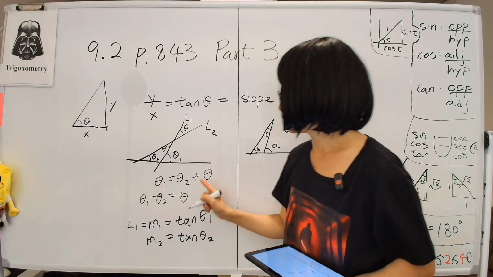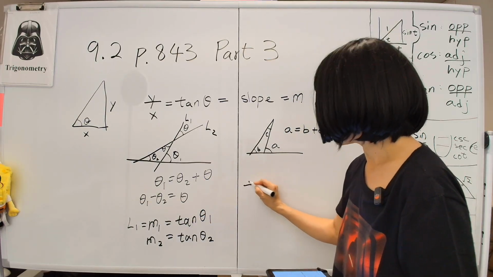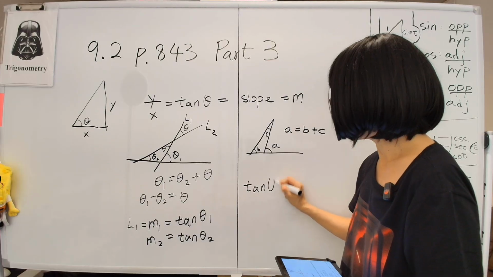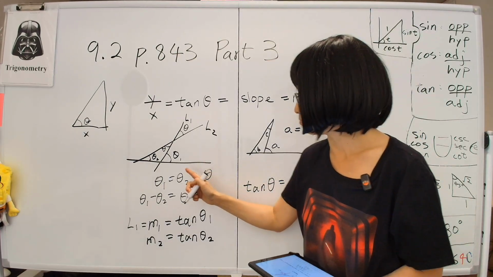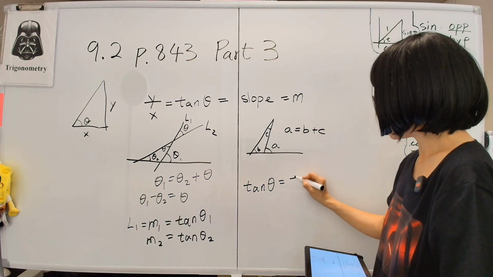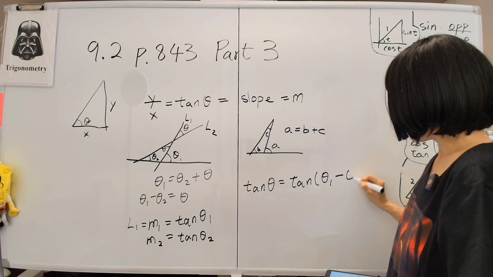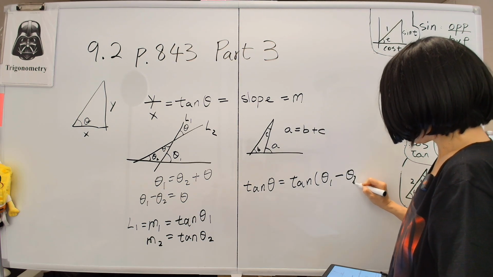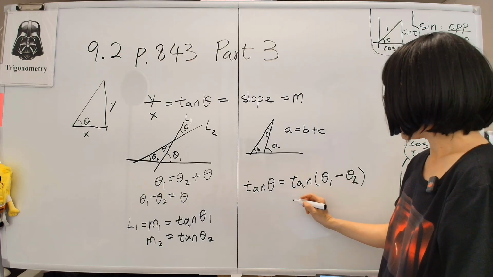So what are we looking for? Tangent theta. So tangent theta is equal to tangent of theta 1 minus theta 2, being that theta 1 minus theta 2 equals theta.